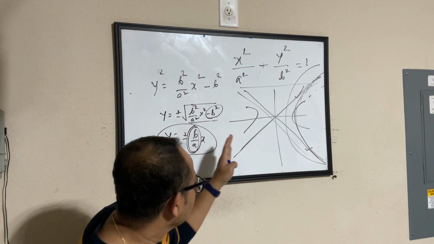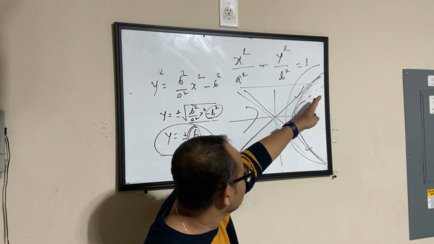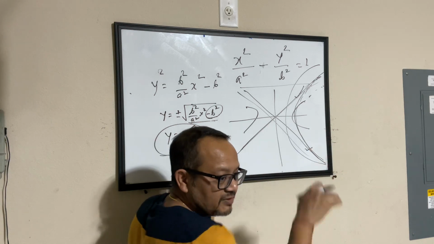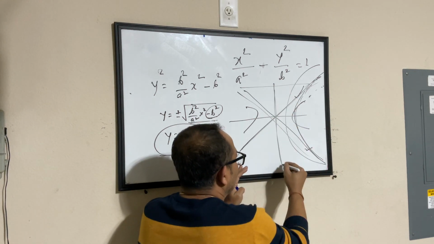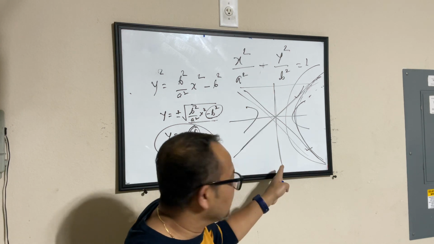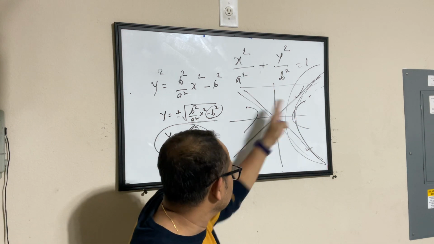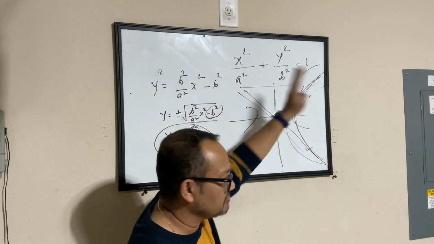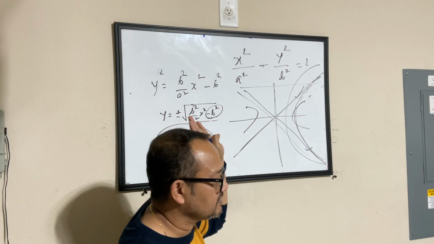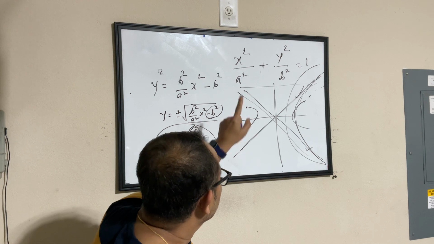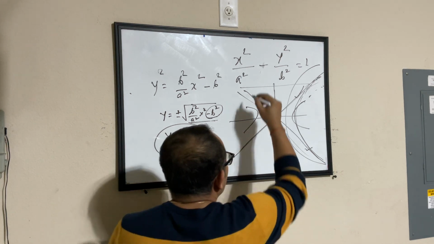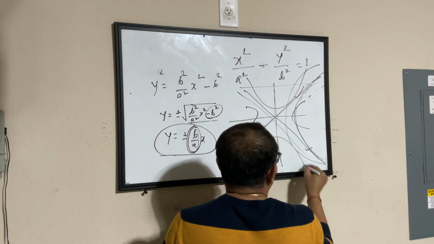Now I have just talked about one situation when my hyperbola is facing sideways, meaning creating a mirror image along the y-axis. So this is facing sideways, one is facing right, one is facing left. So here there is another situation when a hyperbola could be facing upward or downward.